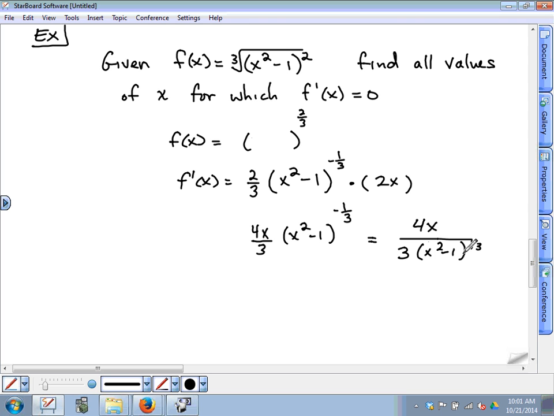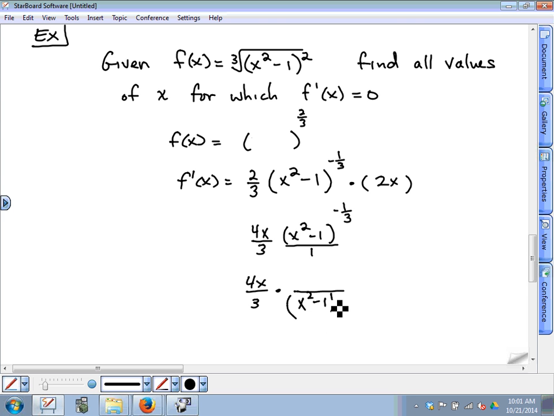Can you just go over how you got that fraction again? Yeah. If you have a negative exponent, you can think of this as being over 1. That means this term has to drop down to the denominator. So what we had is 4x over 3 times, and then this whole x squared minus 1 had to drop down here, and then you change it to a positive exponent, and leave a 1 up there.